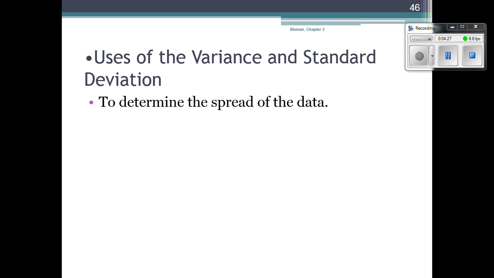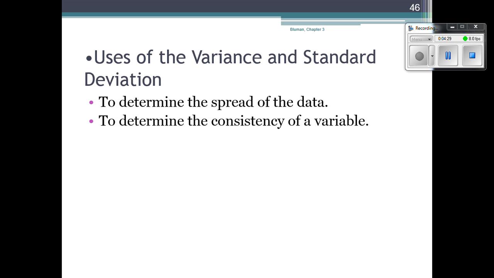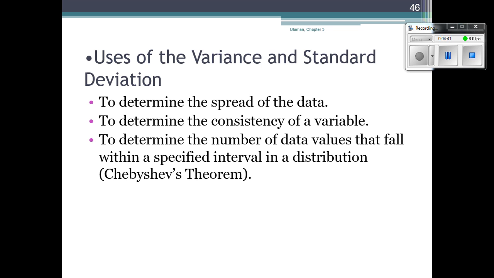Why do we use it? We want to figure out how spread out our data is. Is everything pretty close, or are things really high, really low, a little bit in between? It's basically the consistency of it. For these paint manufacturers, they want a consistent product.